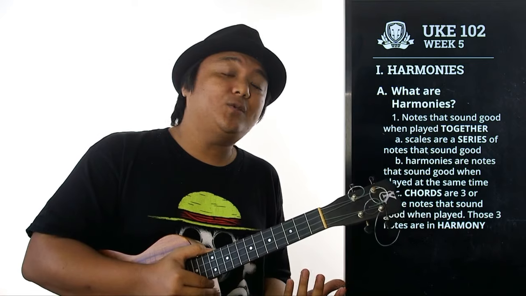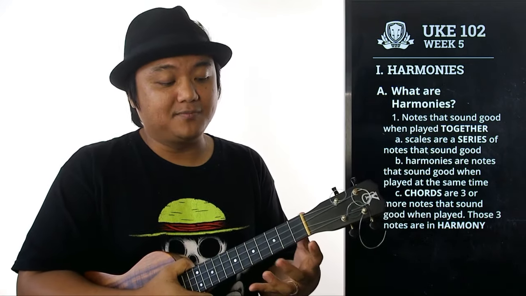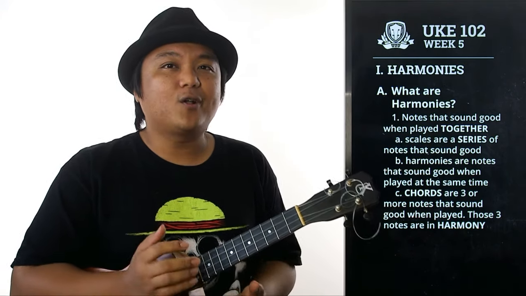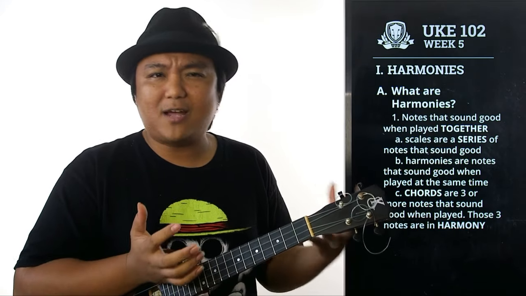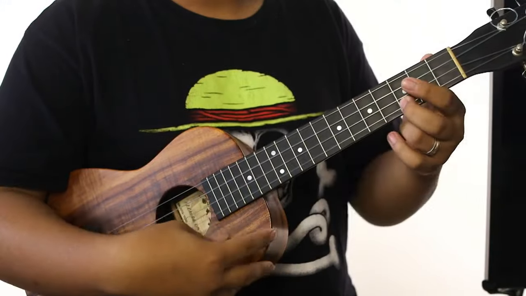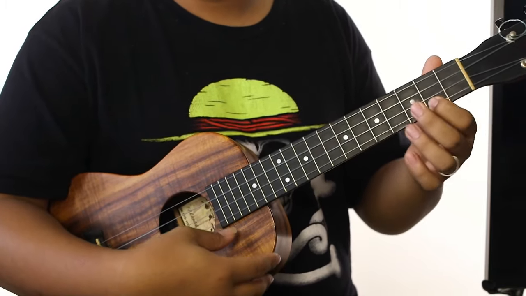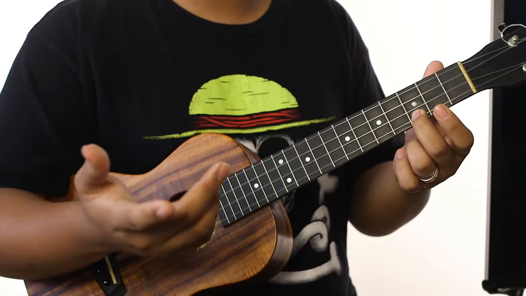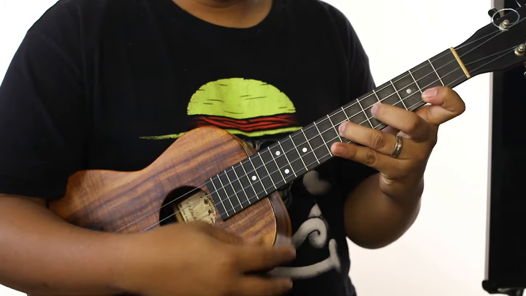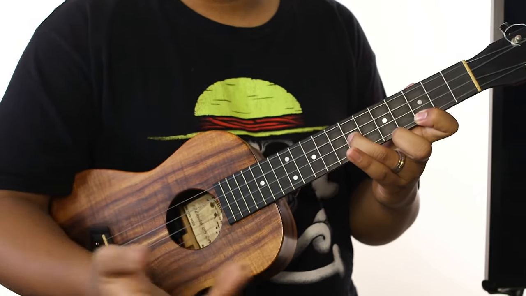Now we can pick any two notes on our scale, and technically they should be okay. But when we play them together, sometimes those two notes don't really work in harmony. For example, let's take our last two notes. Even though they're both in the same scale, when I play this note and this note together, it doesn't sound good.